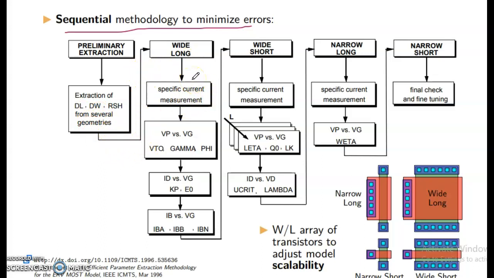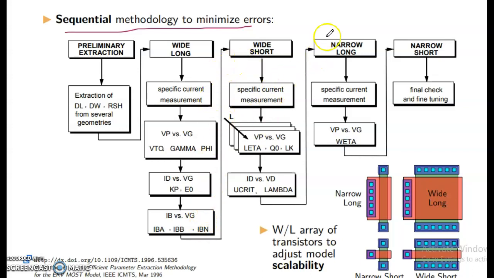Here, under wide long, specific current measurement: VP versus VG gives VTO, gamma, phi. ID versus VG gives KP, V0. IB versus VG gives IBA, IBB, IBN.